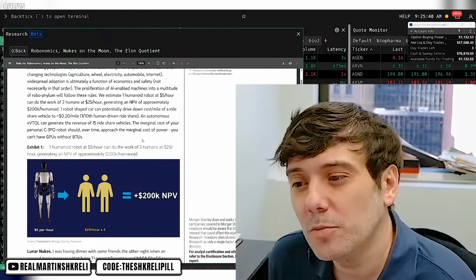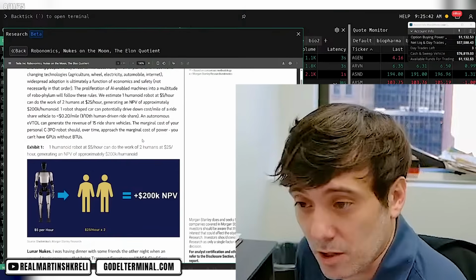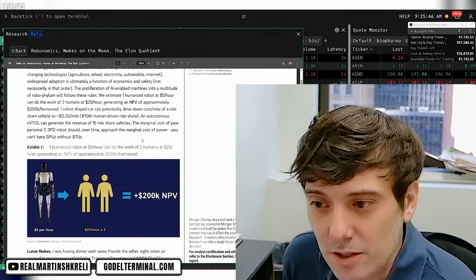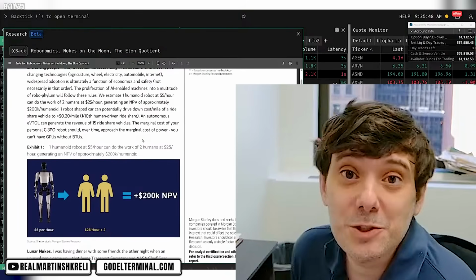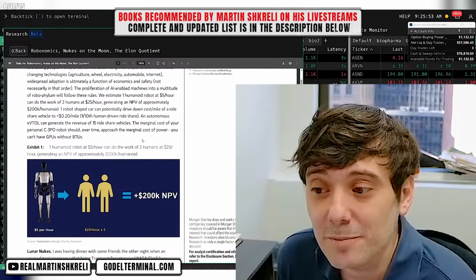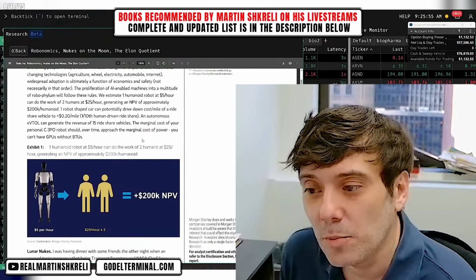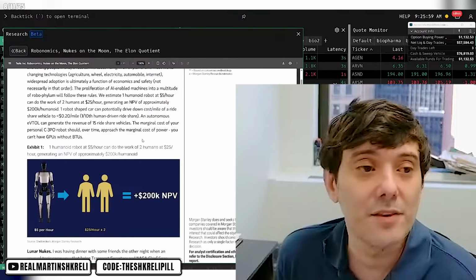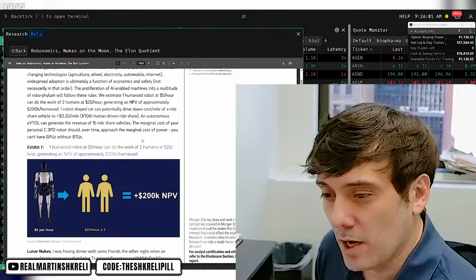We estimate one humanoid robot at $5 an hour can do the work of two humans at $25 an hour, generating an NPV of approximately $200K a humanoid. One robot-shaped car can potentially drive down cost per mile of a ride-share vehicle to less than 20 cents a mile, which is 1/10 of the human-driven rideshare.